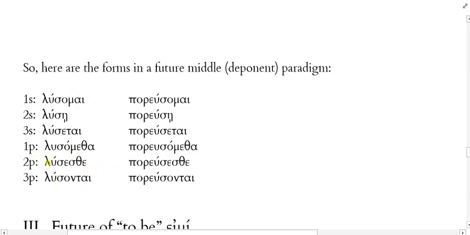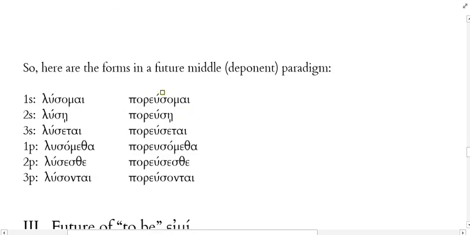So, because luo has active forms, to put it in the future middle would be to add some kind of middle nuance where the subject acts and at the same time is affected by the action in some way. Many people would translate these middle forms as something like I will loose for myself, although that's wooden and stilted and not always exactly what the middle means.